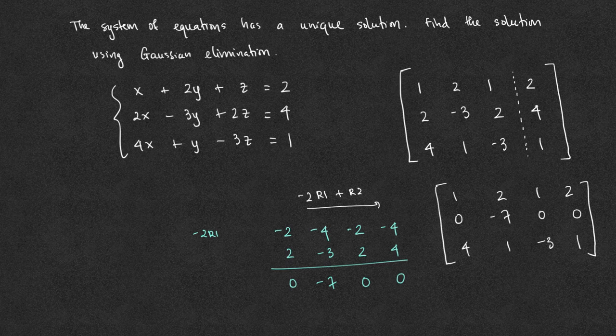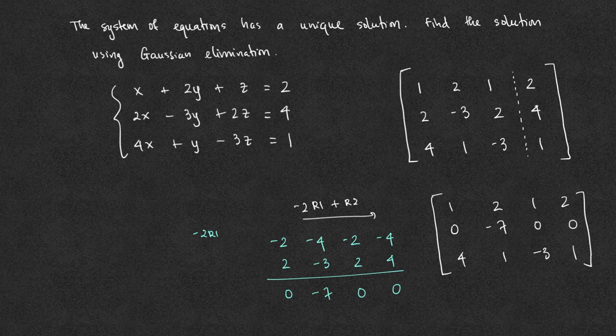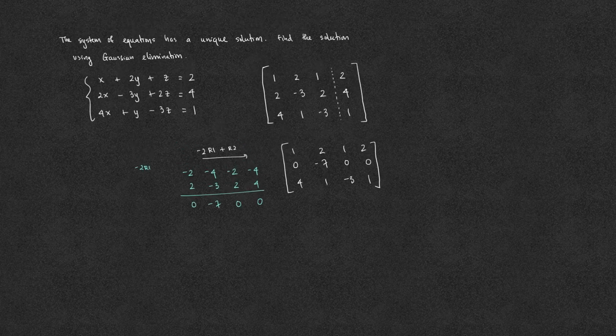Next, we need to turn the entry with number 4 into 0 in the third row, and we can do that by performing another row operation. This time, we will take row 1, multiply by negative 4, and add it to row 3.